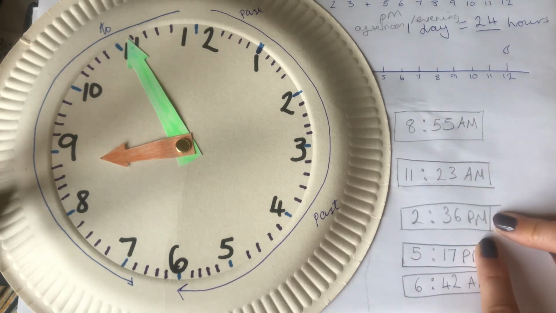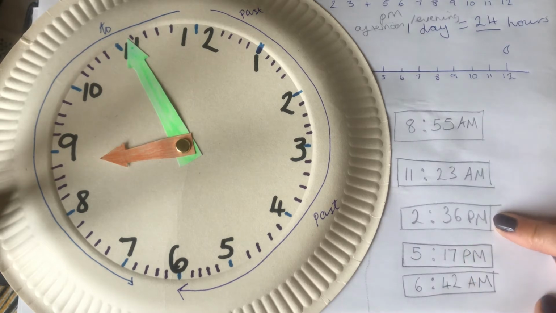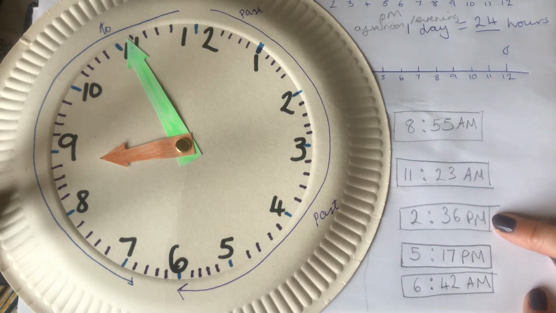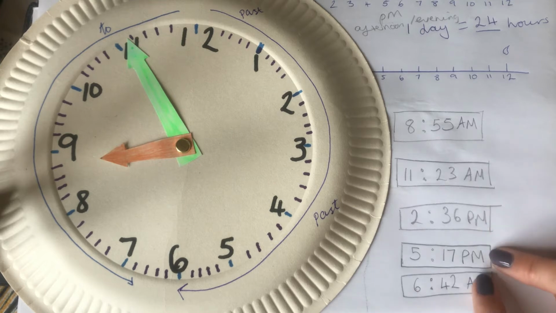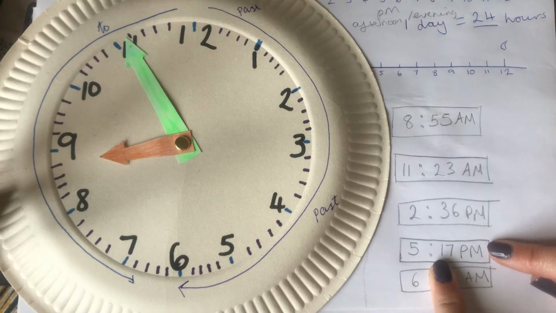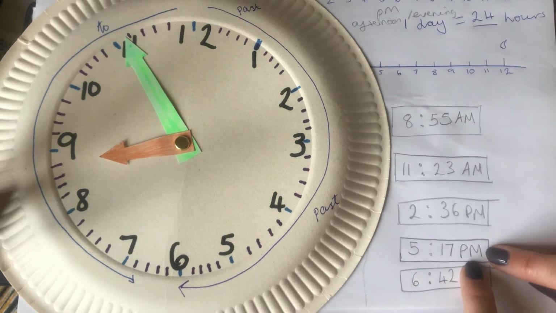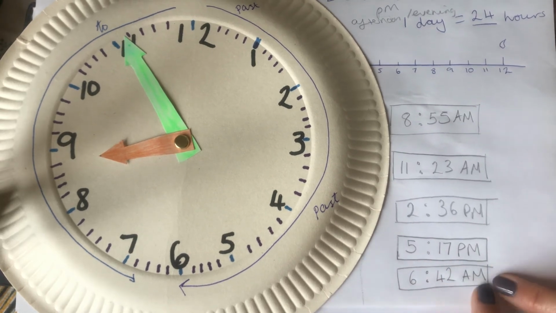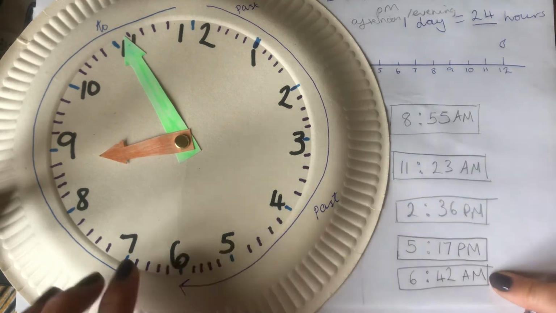After lunchtime, 2:36, in the afternoon, you might be doing some more fun activities, or some baking, or some painting, or some drawing. 5:17, you might be having a shower or a bath, or a nice early dinner, because remember it's PM. And again in the morning, you might be up early doing some exercise, or having a nice snooze in bed.